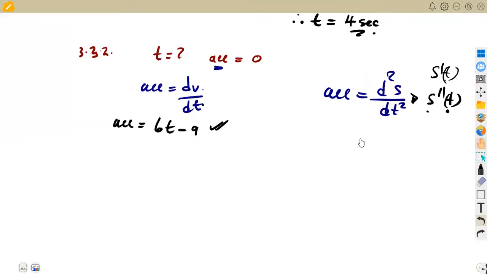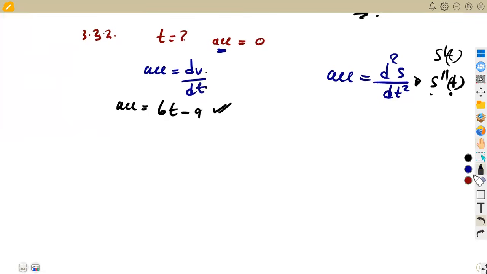Now that we have the expression for acceleration, our question is, when is this acceleration equal to 0? We can find the value of t by equating 6t minus 9, our expression for acceleration, to the numerical value 0.